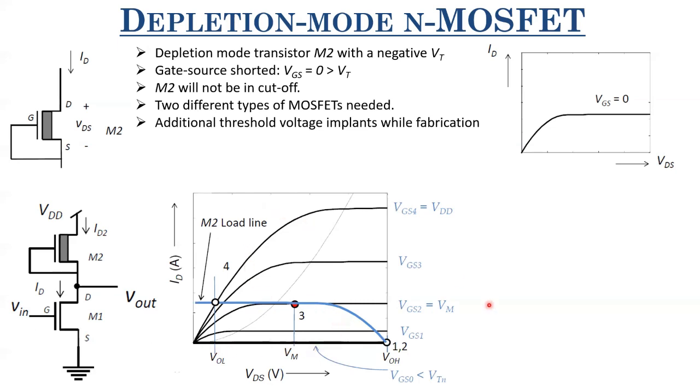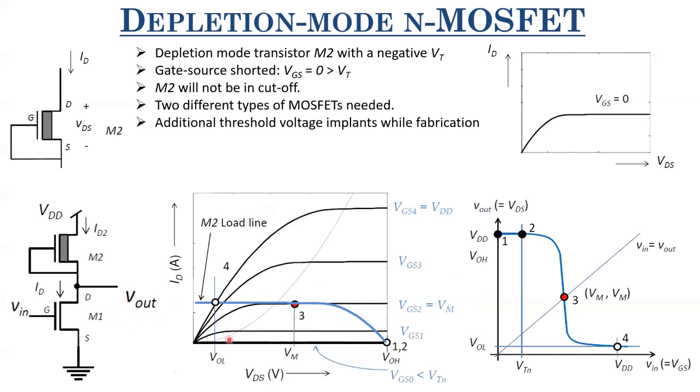If you look at its VTC, first, here your VOH is VDD. Why VDD? Because this transistor is not going to cut-off mode for any value of Vout less than or equal to VDD. So this load capacitor will charge to VDD through this depletion mode MOSFET. Till Vin equals VTH, your Vout is equal to VOH, which is VDD.